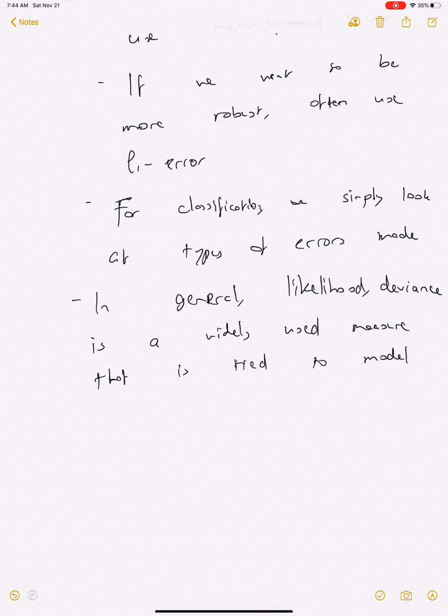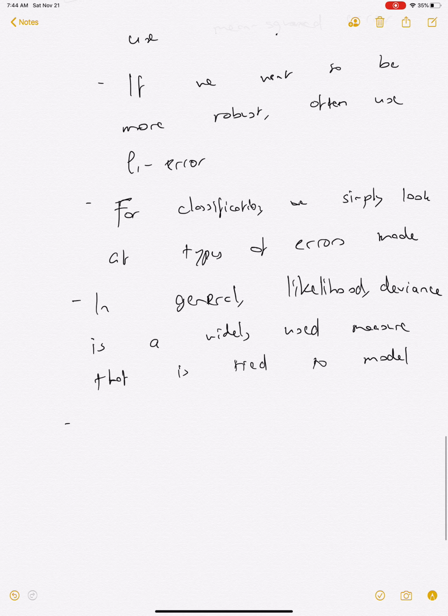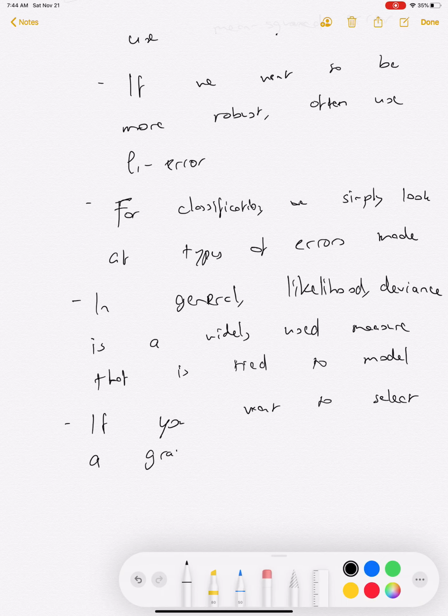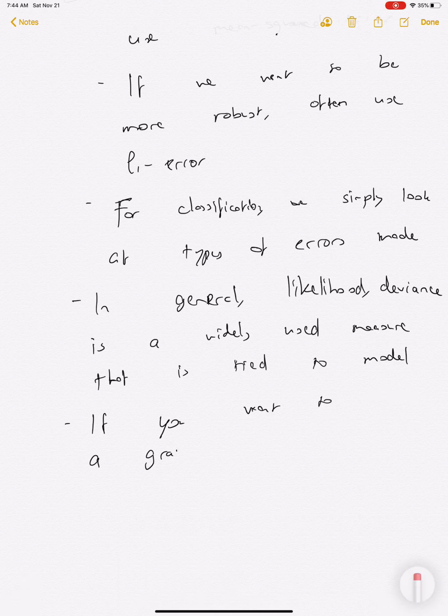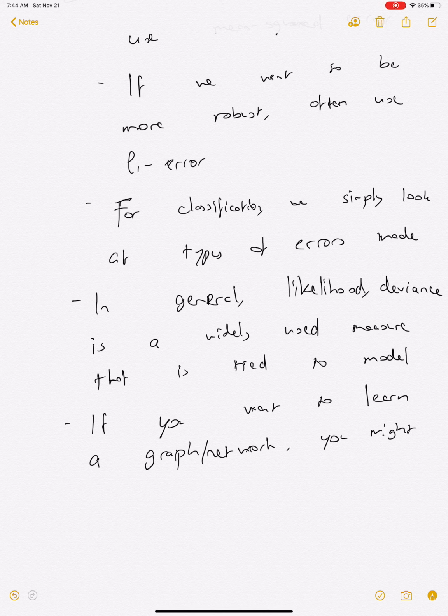And then the other thing is, if you want to learn a graph or a network, you might need to think about other metrics.